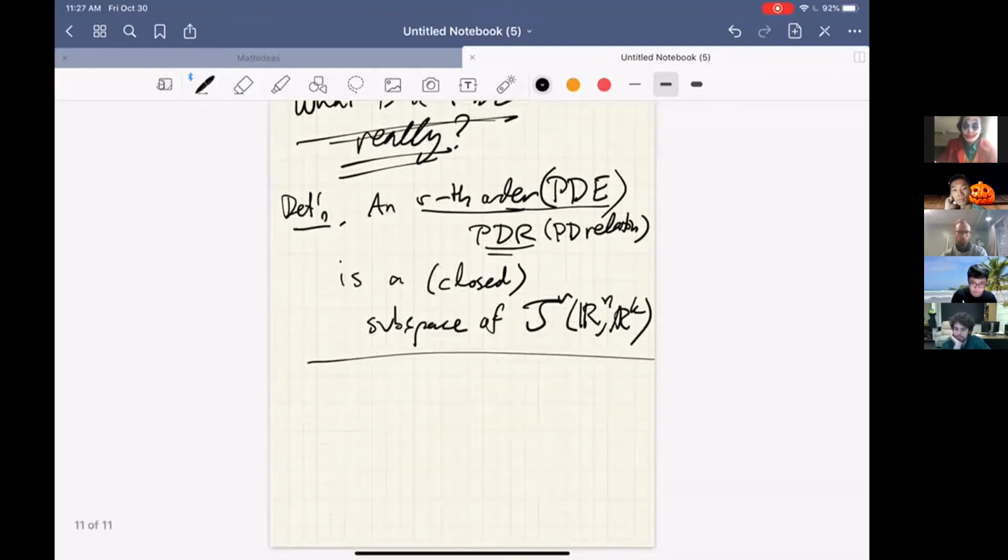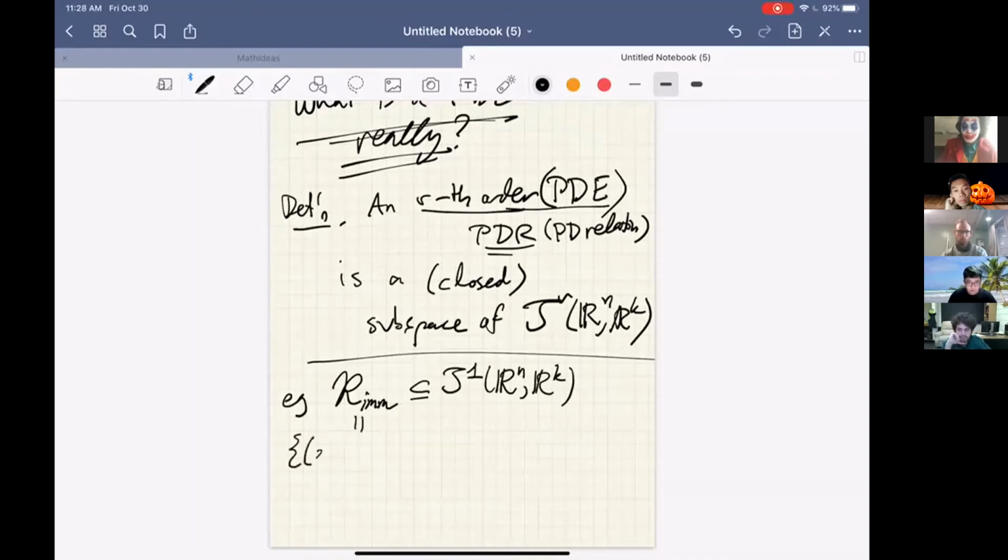So for example, let's look at this relation. This is a subspace of J^1(R^n, R^k). Oh yeah, usually these PDRs tend to be subbundles also, so that's pretty nice. They don't have to be, I don't think. So this relation is going to consist of all jets.